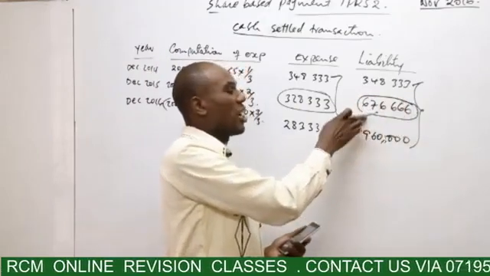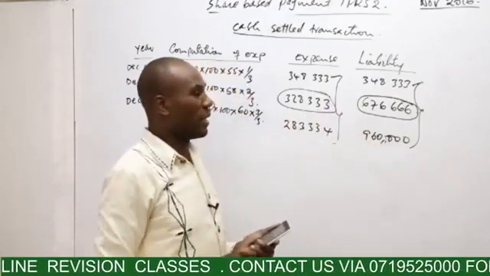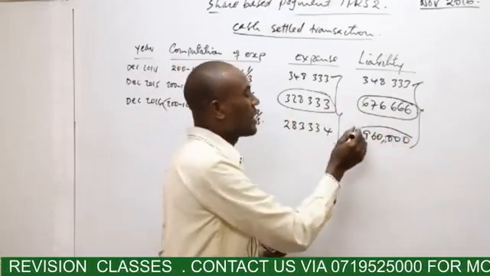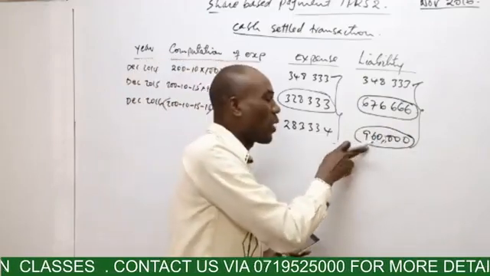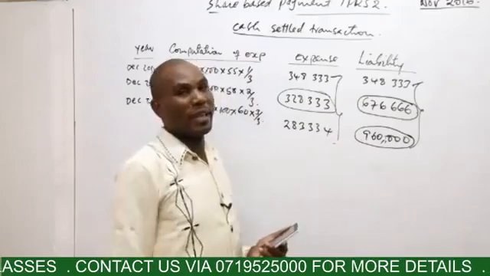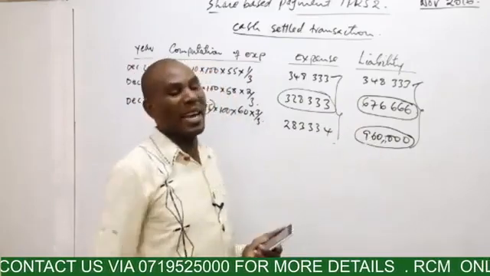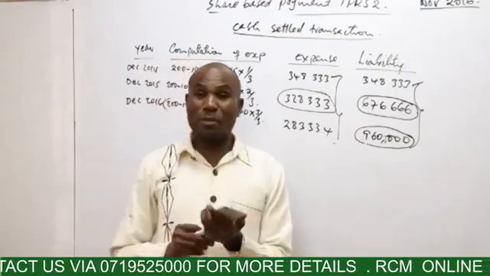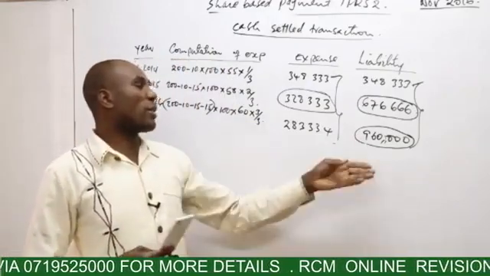Then you report this as a liability. Remember, this is a cash award. Therefore, this one you report as a liability. But at the end now, this is what you will pay as cash. Therefore, at the end, you will now credit your cash with this 960. You credit cash because that is what you are going to pay at the end of the period. These people have vested.